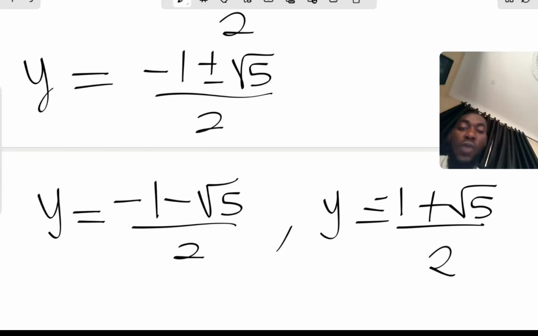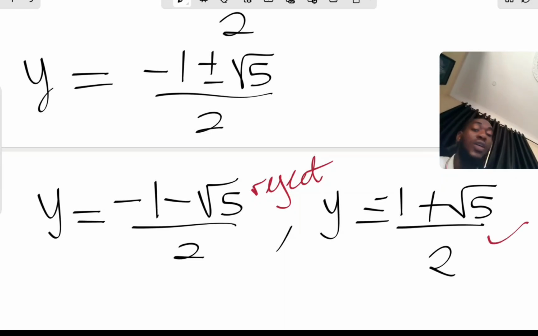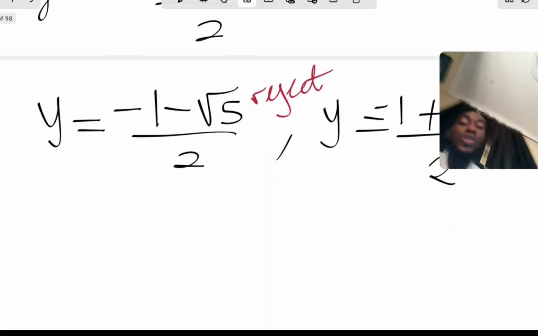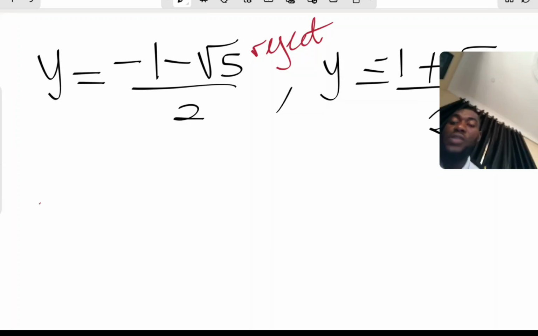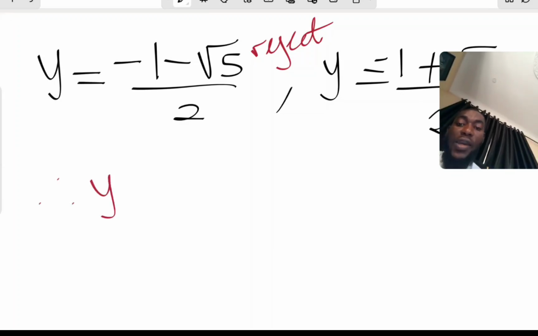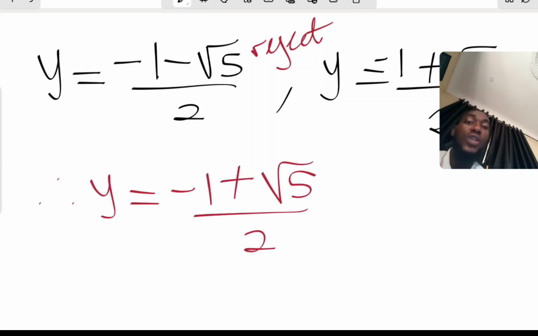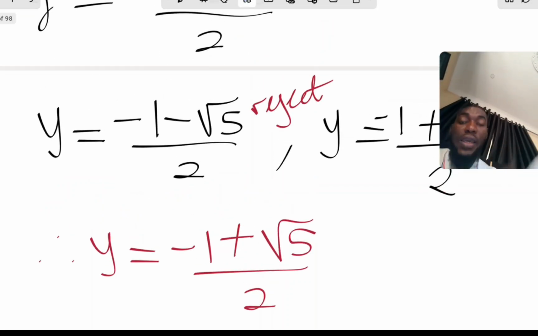What happens is that we are going to reject the first one, and we are going to make use of this one. So therefore, y equals minus 1 plus root 5 over 2.